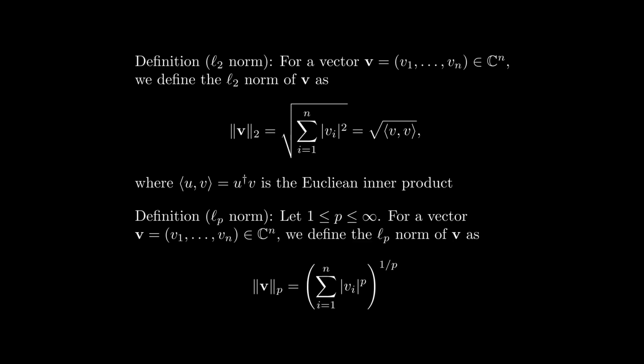Consequently, because we deal with inner products often in quantum computing and quantum mechanics more generally, we most commonly use the L2 norm to characterize distance between vectors. Using this norm, we can induce the following metric, which simply measures the Euclidean distance between two endpoints of two vectors.